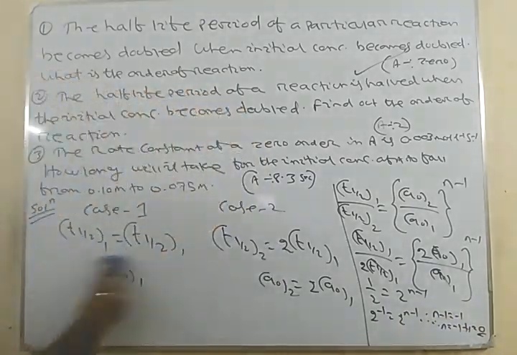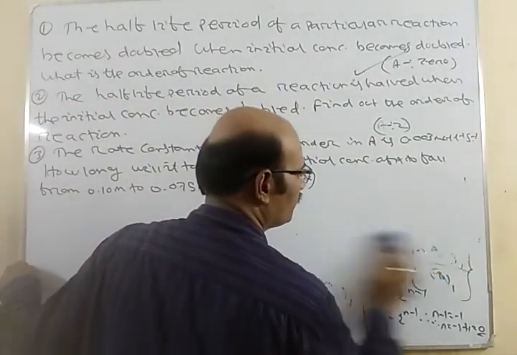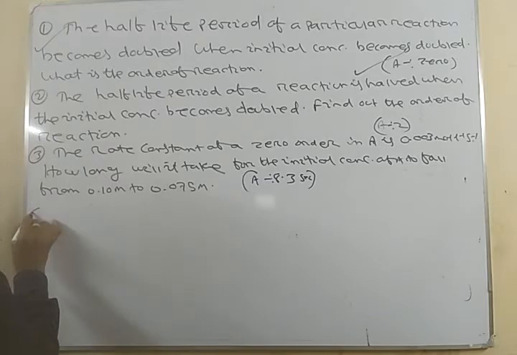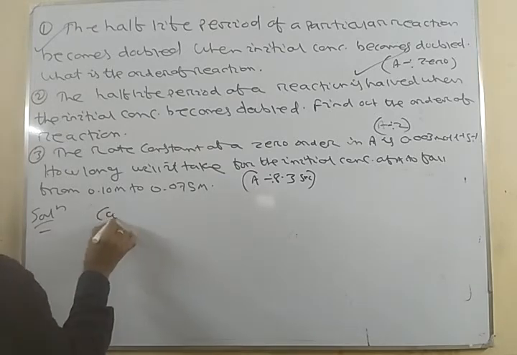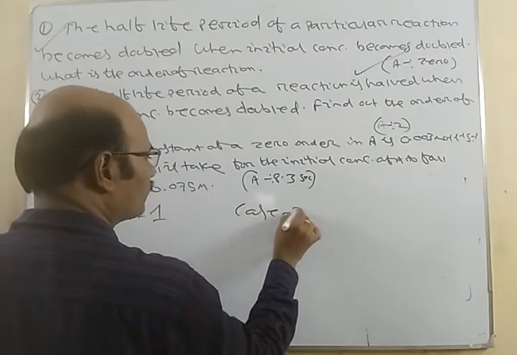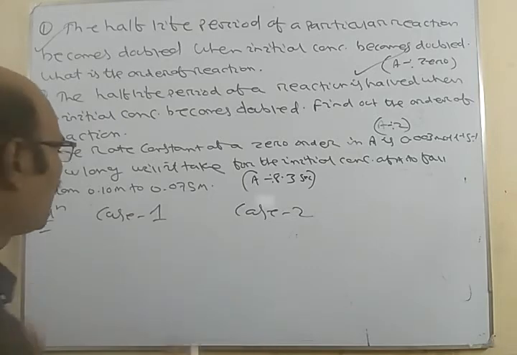Okay. Similarly, you can write question number 2. The half-life period of a reaction is halved when the initial concentration becomes double. So first of all, case 1 and case 2. Case 1, the half-life period of a reaction is halved.